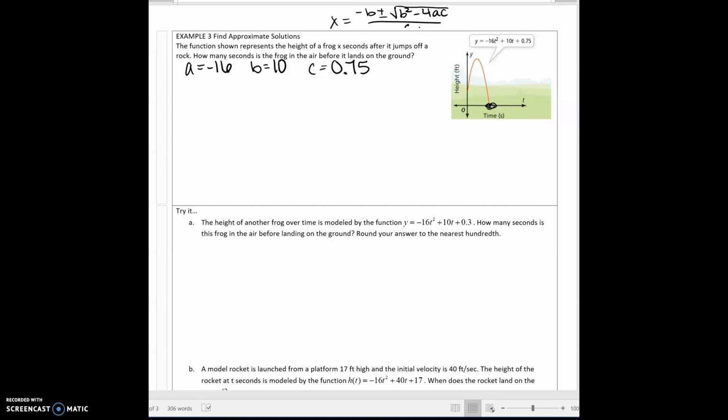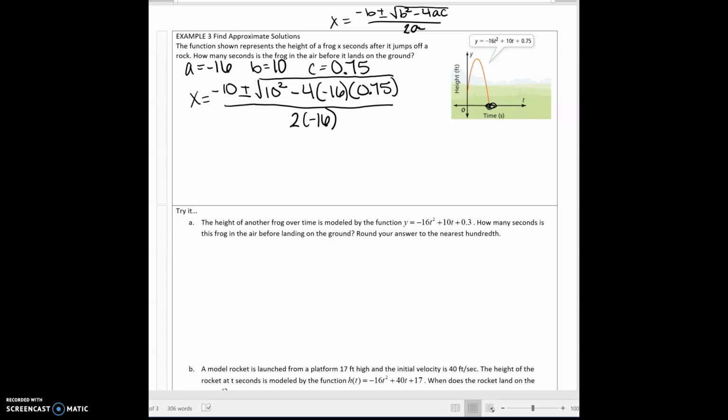So we're going to plug in 10 where that -b is, so we are going to get x equals -10 plus or minus the square root of 10 squared minus 4 times our a, which is -16, times our c, which is 0.75, and all of that is under the square root, and then all of that is divided by 2 times our a, which is -16.